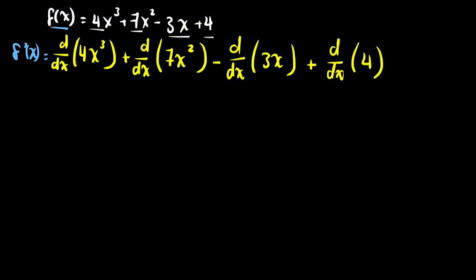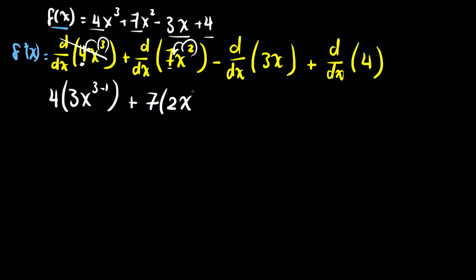Alright, so let's get this one. Here the coefficient, we're just going to keep it for now. Open brackets, take this power, put it beside the x, x to the power of 3 minus 1. We are done with this. So the derivative of 7x squared, we're going to keep the coefficient as it is. Open brackets, take this power, multiply it by x, 2x to the power of 2 minus 1.